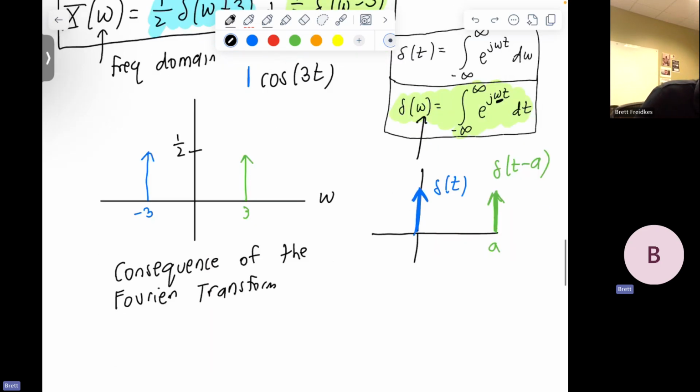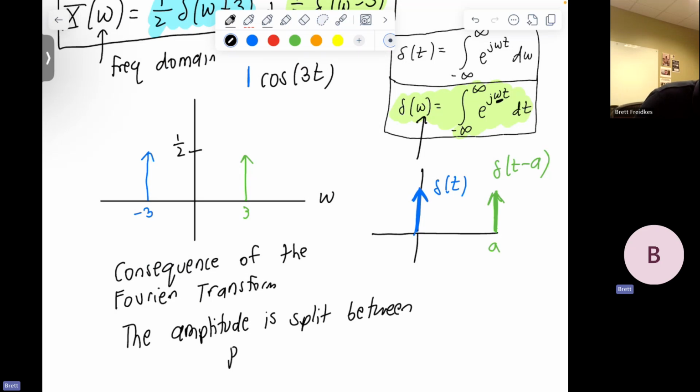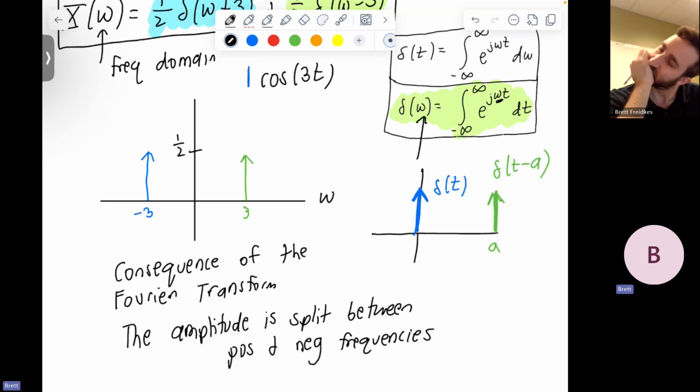Essentially, the amplitude is split between positive and negative frequencies. And that's what the math shows us. That's what we end up getting.